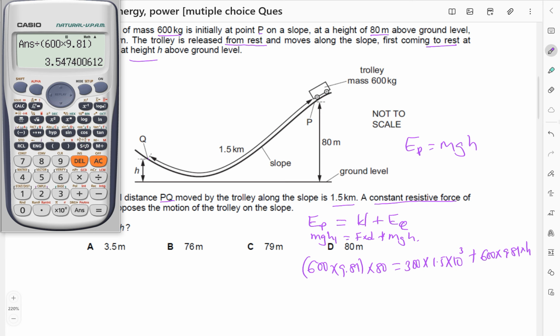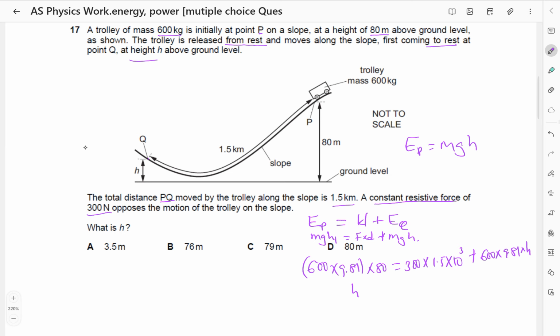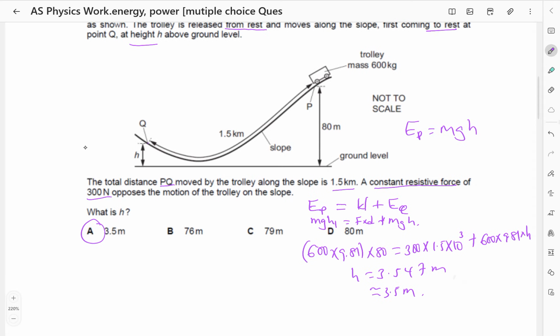This gives me h as 3.547. So h is 3.547 meters, which when I round to two significant figures is 3.5 meters. So my answer is going to be A.